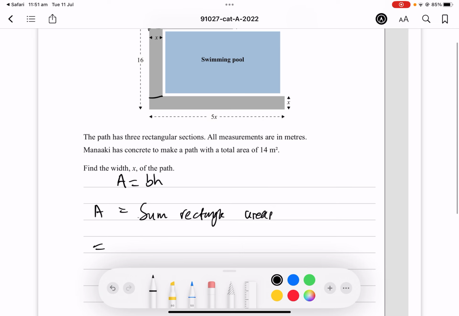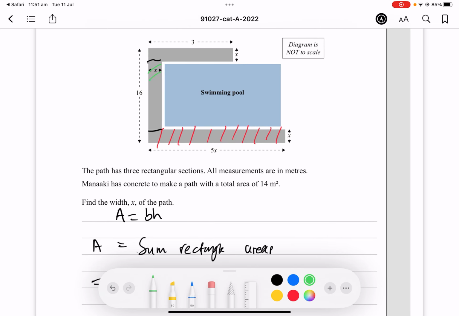And that is going to be equal to this rectangle here. We'll put this in red. So this rectangle here. We have this rectangle here. And we have this rectangle here.